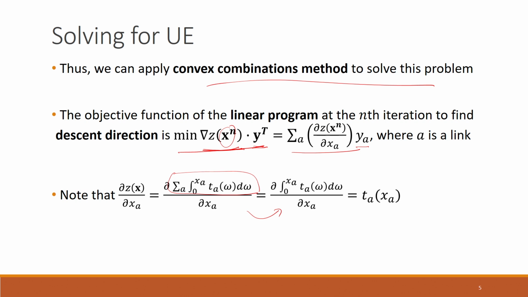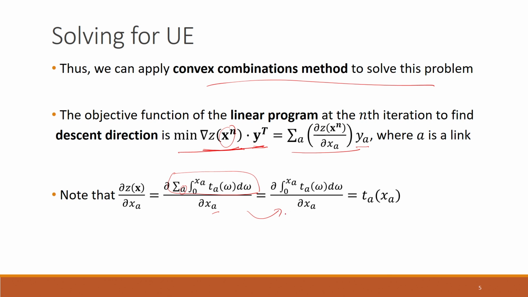The reason is that the travel time on any link is a function of the flow through that link only. So only when the link here is the same as this link will the partial derivative be non-zero. Otherwise this whole term will not be a function of the flow through link A.